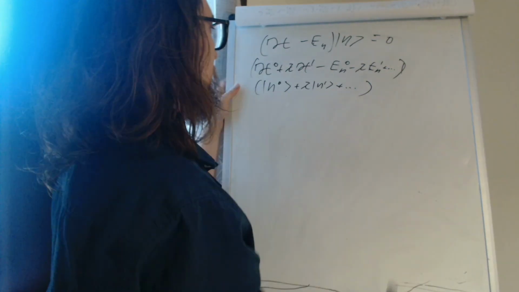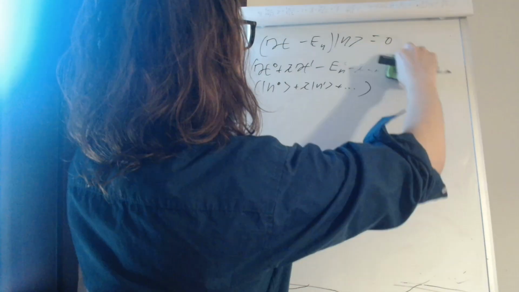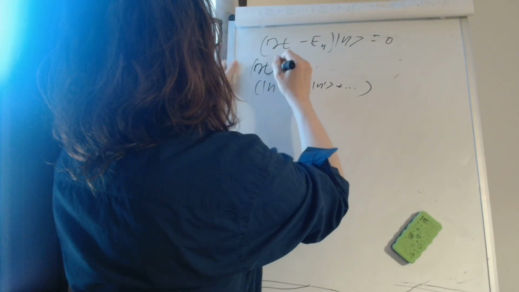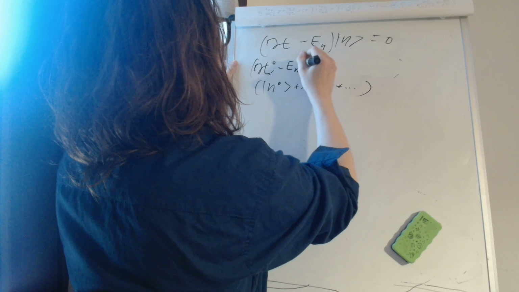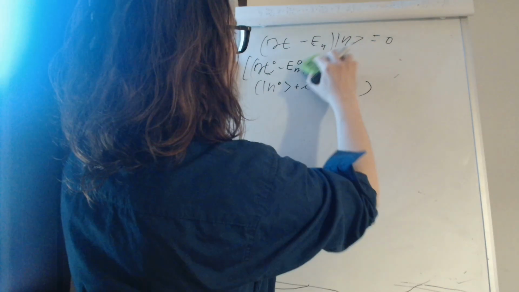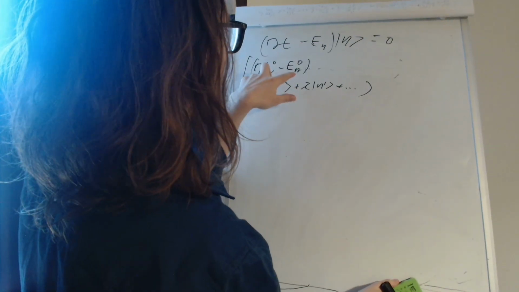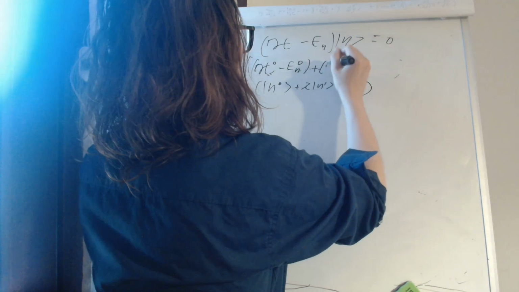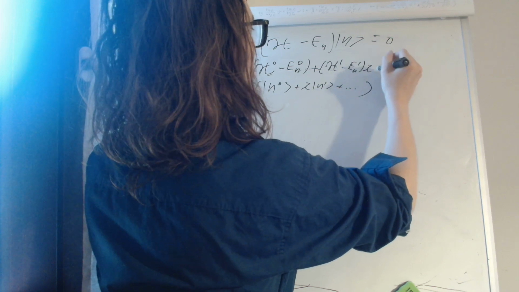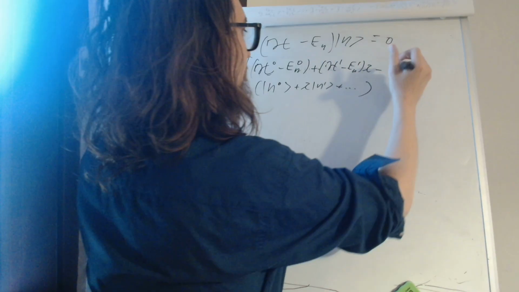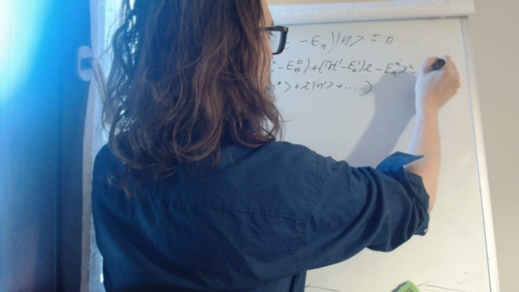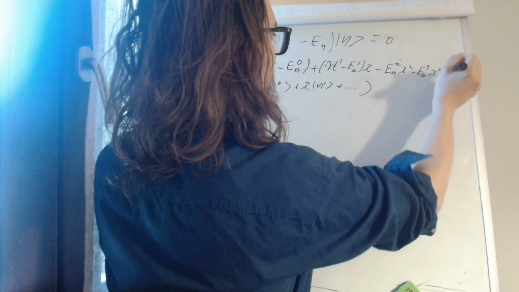So we now isolate terms with the same power of lambda for simplicity. Here we write H0 minus En0, without lambda, which is our order 0 term, plus (H1 minus En1) lambda, and then we only have terms with En, so we have minus En2 lambda squared, minus En3 lambda cubed, and so on.